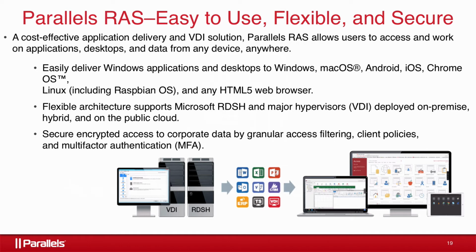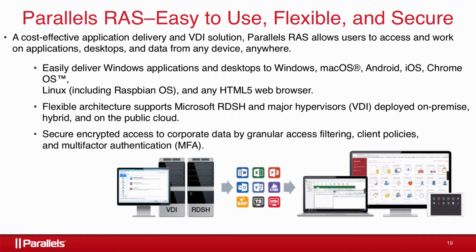So in this generic slide, we are easily delivering Windows applications that are running on Windows servers or desktops or VDIs to literally almost every device. They can be running on Windows, macOS, Android, iOS, Chrome, Linux-based, which can be Raspberry Pis, thin clients, and of course delivering to an HTML5 web browser.